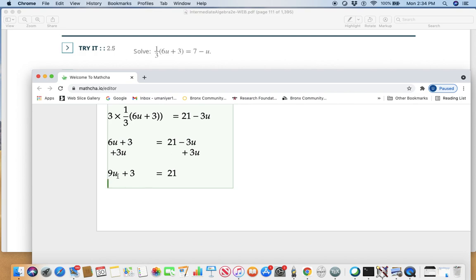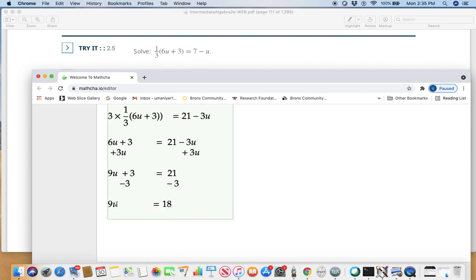Now we are in familiar territory: variable, constant, constant. Subtract this constant to isolate u, right? So subtract 3 from both sides. They cancel, you are left with 9u equals 21 minus 3 is 18.